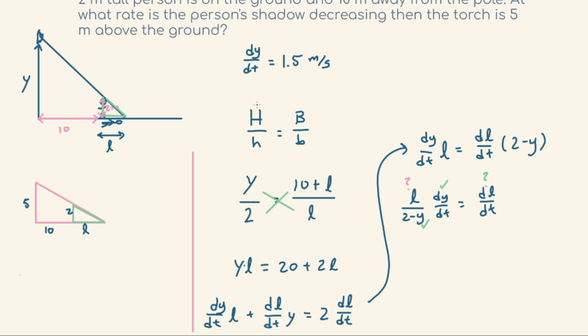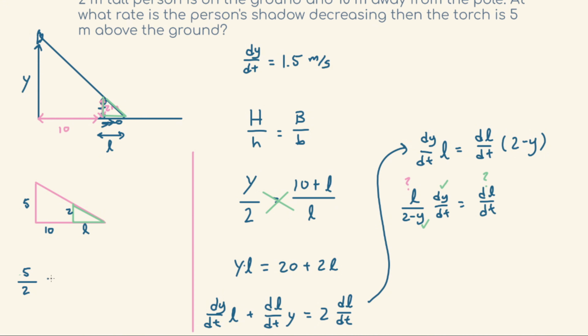So once again, we can use the same proportion that we had at the very beginning, okay? The height of the big triangle, the pink one, is 5. The height of my small triangle, that green triangle, is just going to be 2.